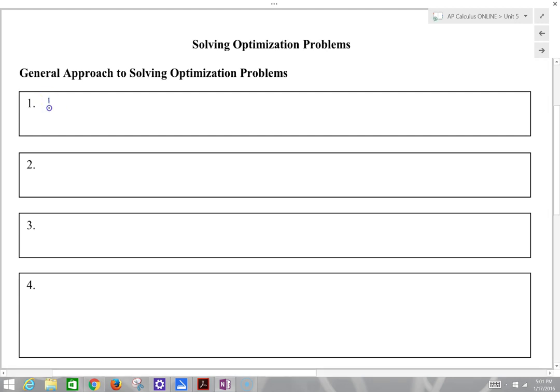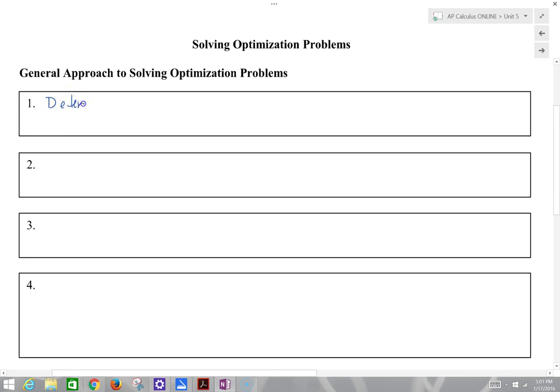So one of the first things would be to determine the quantity that has to be maximized or minimized. That'll be the first thing. 2.